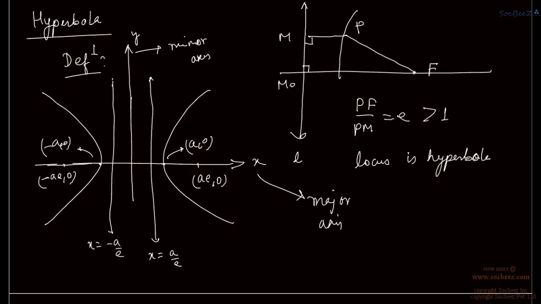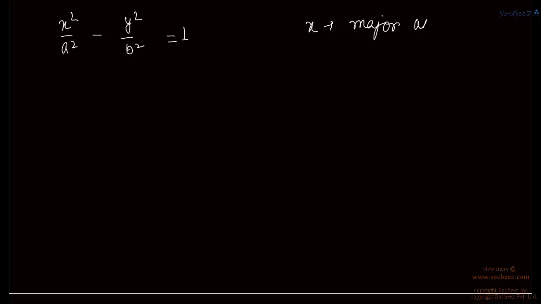and this y-axis is the minor axis. We have the equation in standard form as x square upon a square minus y square upon b square is equal to 1. For this, x is the major axis and y is the minor axis, and b square is a square e square minus 1.